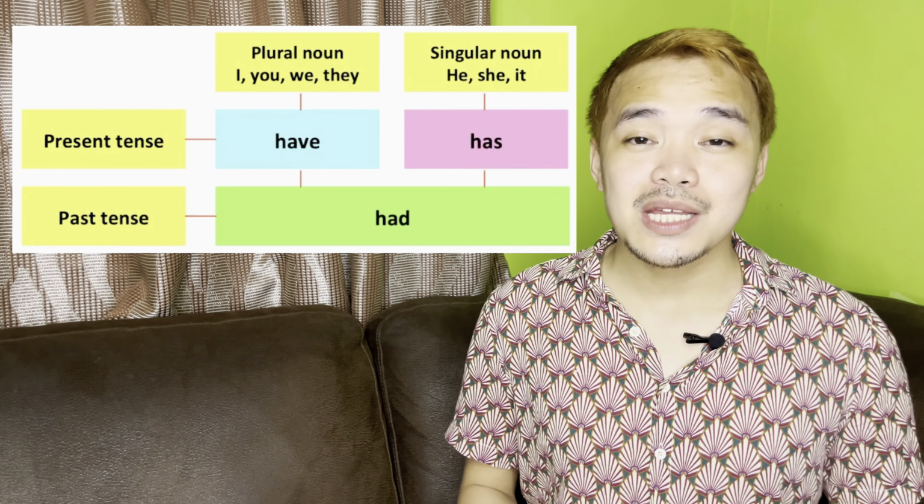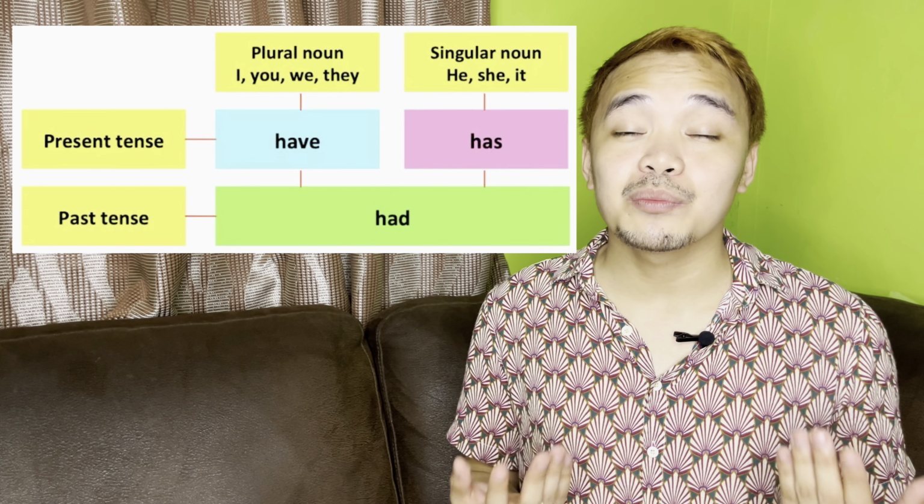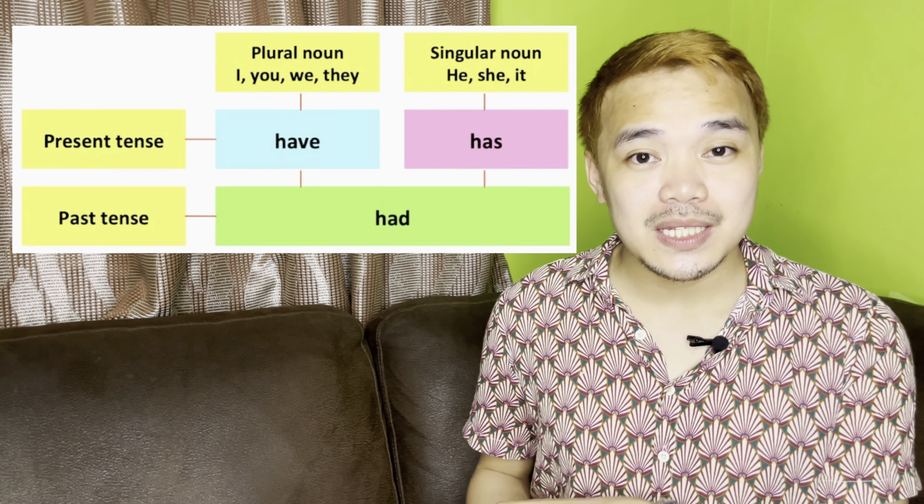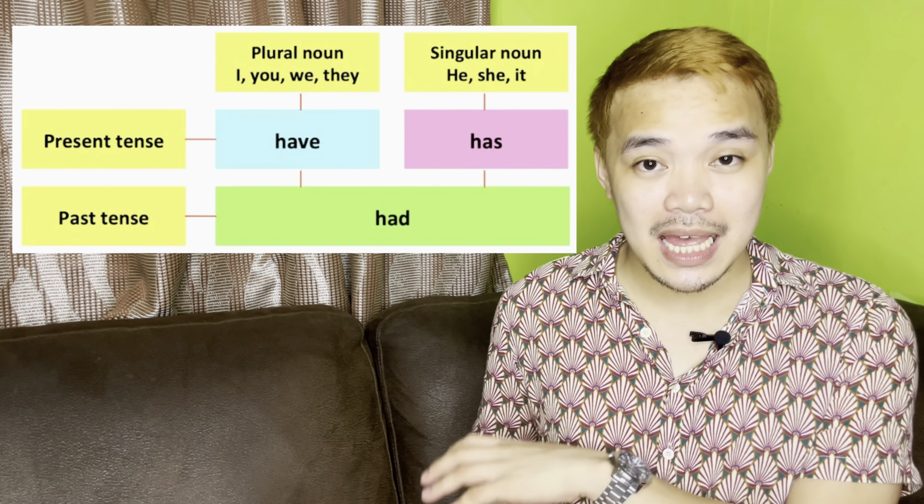We use has for any singular nouns and pronouns such as he, she, and it. So we use these two, have and has, for the present tense. We use had for the past tense. Had is the past form of have and has. So it doesn't matter if the subject is singular or plural when we use had.